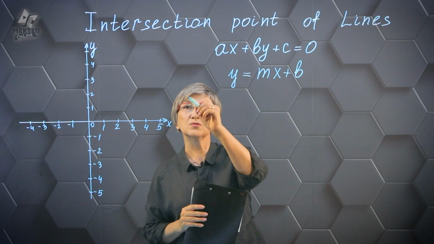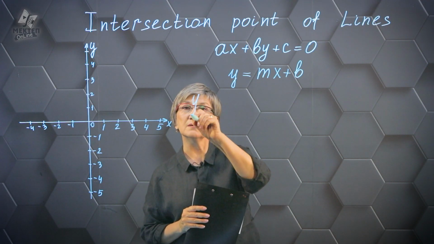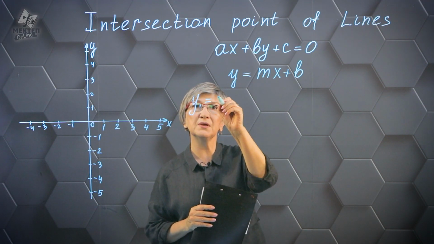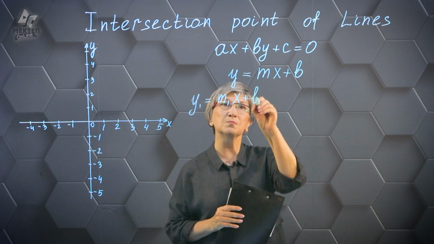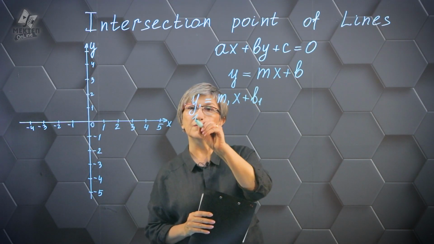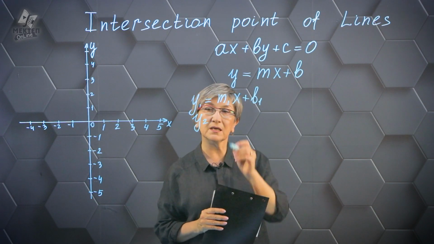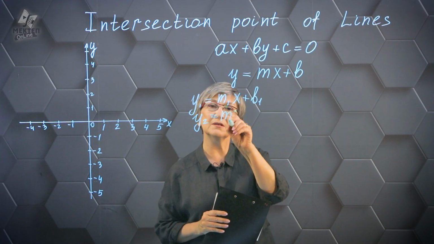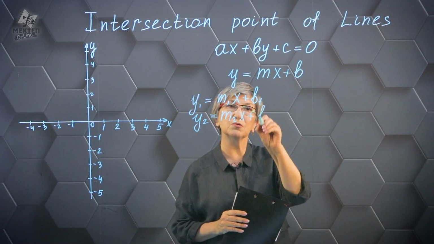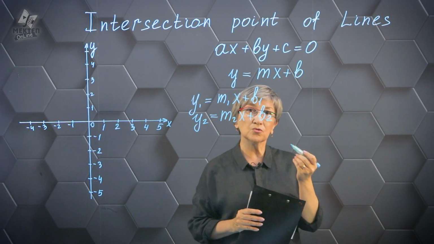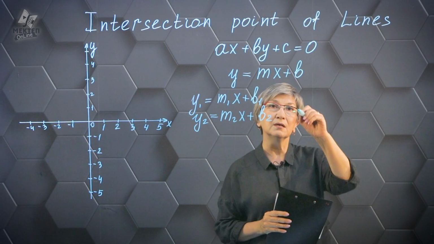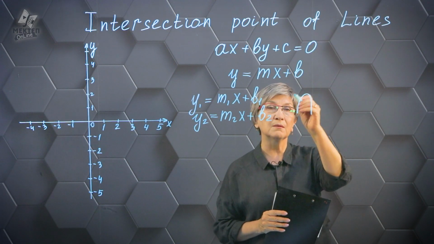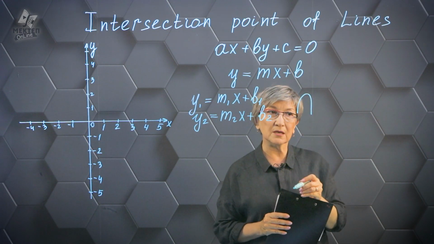So I will write it down. If the first function is written as y1 equals m1 times x plus b1, and the second function is written as y2 equals m2 multiplied by x plus b2, then the graphs of these functions will indeed intersect. I will mark this with the following notation.